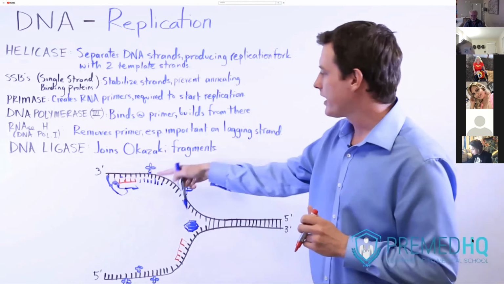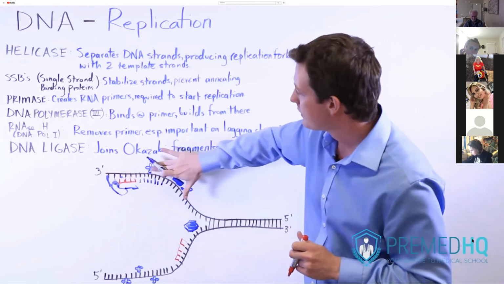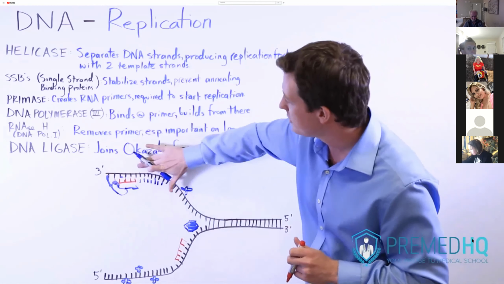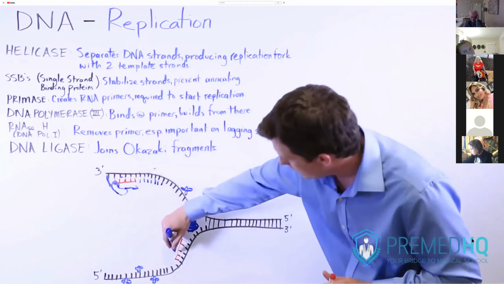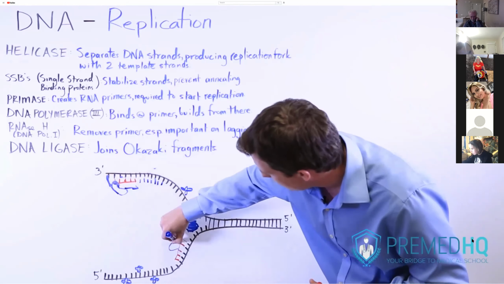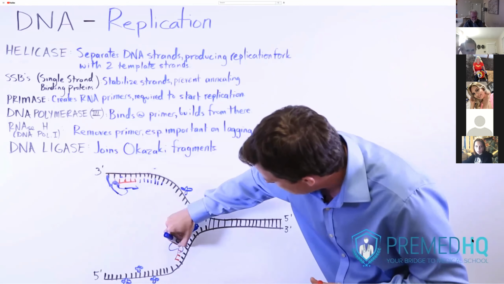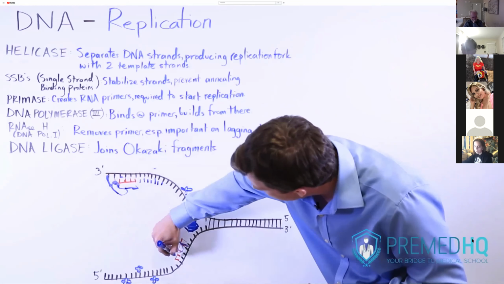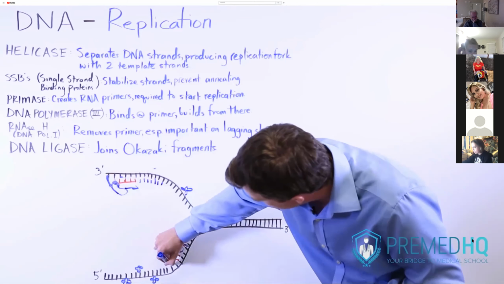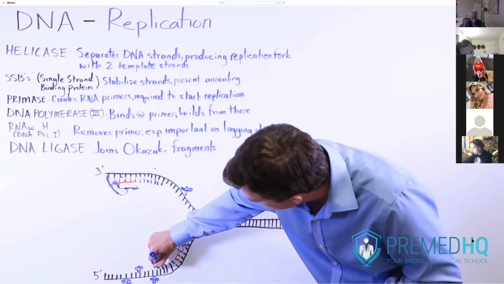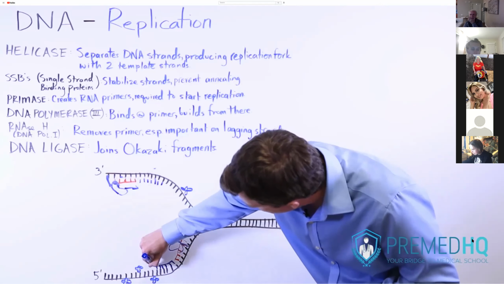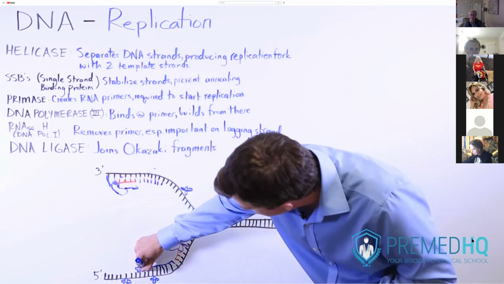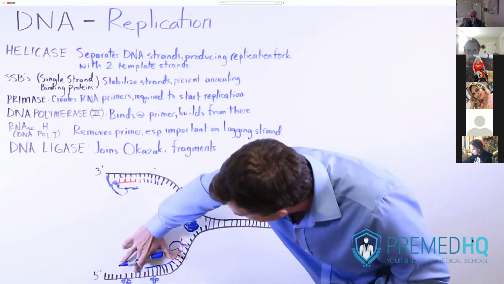Every time that it encounters one of these SSBs, the SSB will simply be displaced and move away. So here's our polymerase on this end, and it will come along and it has a little attachment there. And essentially this will come along and it will continue to produce nucleotides that are complementary to the parent or template strand.